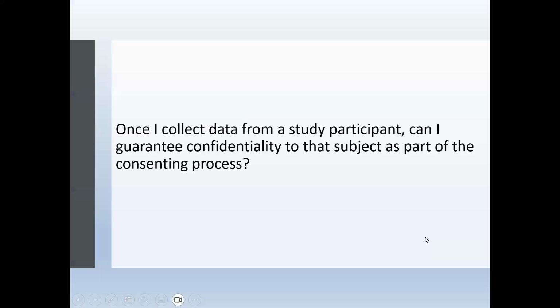Some of what we'll go through is very consistent across IRBs, and some you need to consult with your IRB. So once I collect data from my study participant, can I guarantee confidentiality to that subject as part of the consenting process? This is a critical issue.